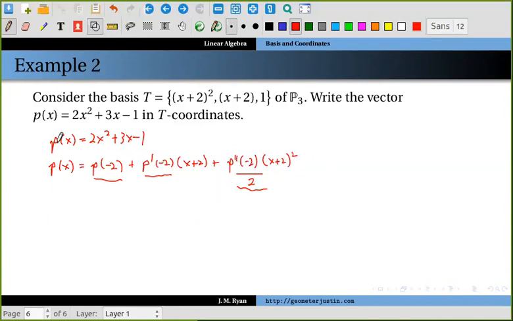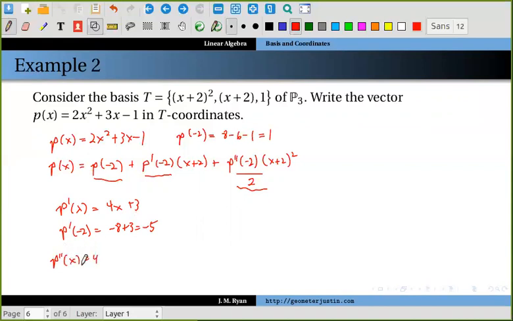So we need to compute these things. Here's our P of x. P of -2 is 8 minus 6 minus 1, so that's just 1. P prime of x, the derivative, is 4x plus 3, so P prime at -2 is -8 plus 3, that's -5. Finally, P double prime of x is just 4, and so that's equal to P double prime at -2 as well.